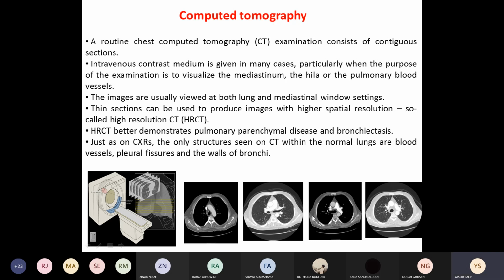Sometimes this CT may be done with contrast and sometimes without contrast.